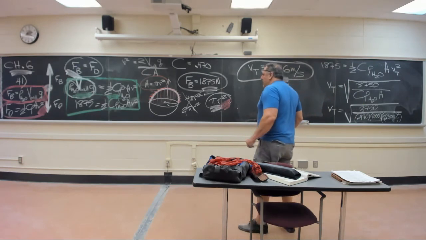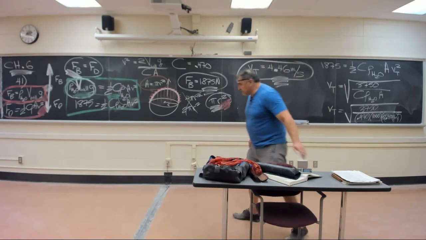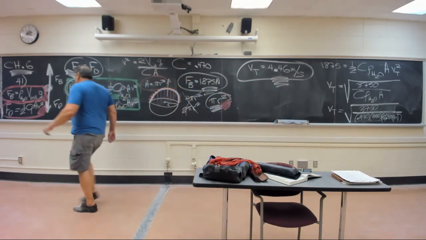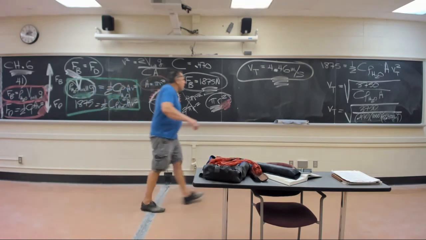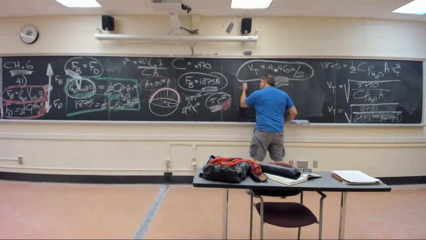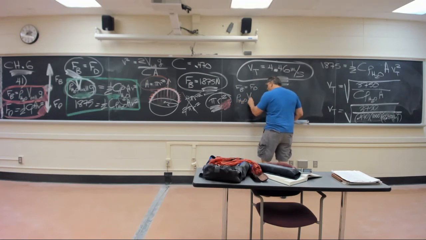Would you have gotten the same answer had you gone strictly with the symbolism? You're saying FB equals FD. FB is rho H2O, V of the ball, times g.